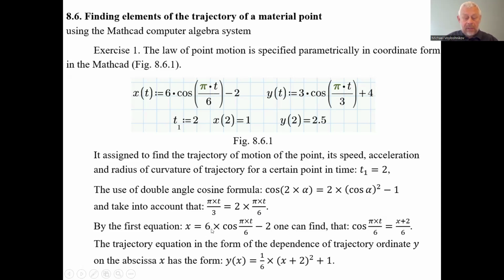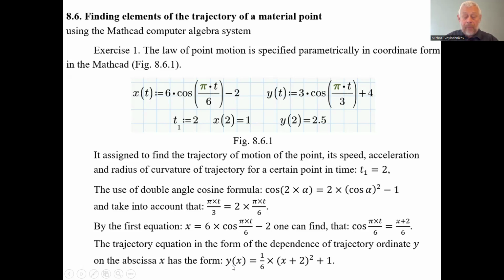Then from the first equation we can define the cosine as x plus 2 divided by 6, by simple mathematical transformation. Having the cosine of pi by t divided by 6 as x plus 2 divided by 6, we can substitute this cosine into the second formula, after the transform of the cosine of 2 alpha, the cosine of two angles of this one argument of the trigonometric function.